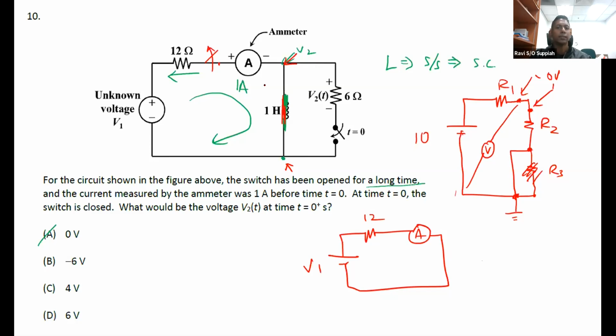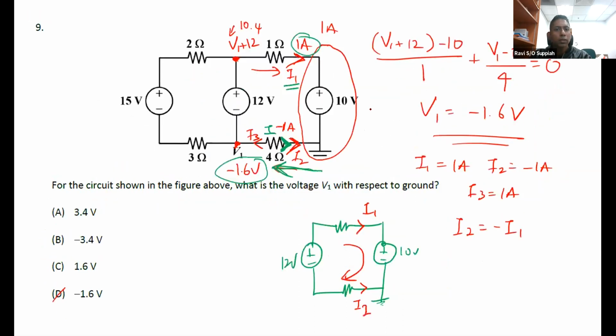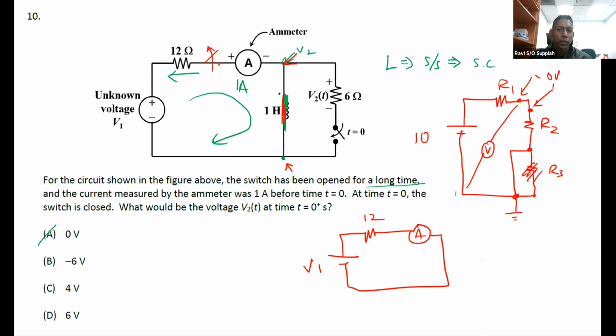So when there is a current flowing here, the current is flowing in this direction.